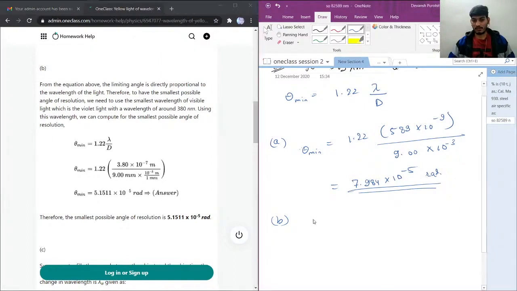So in case of B, we have lambda as 380 nanometer, and the diameter will be the same, 9 mm. I'm going to use the same formula, theta min is 1.22 times 380 converting back to meters, over 9 times, again converting back to meters.